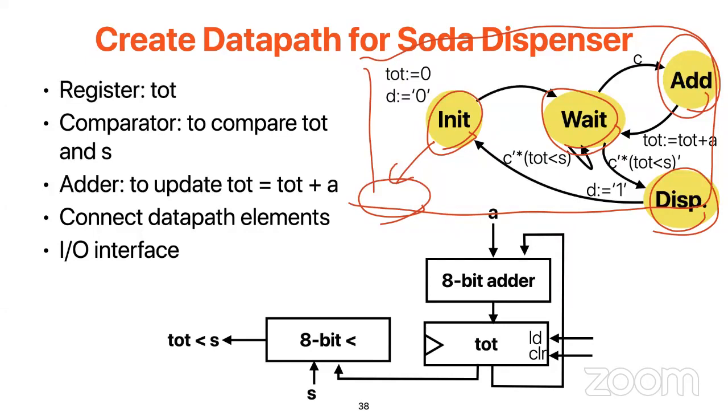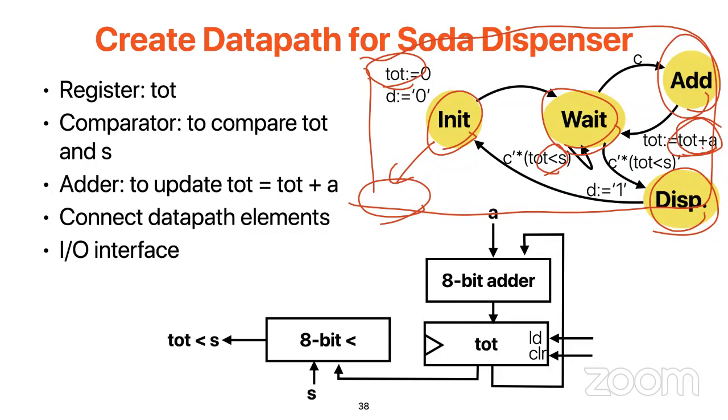However, for the other components that I need here, for the total, I need an A-bit register to store the value. And here, I need an adder to perform the total plus A. And here, I need a comparator to see if total is currently smaller than S. So these are the data path components that we need for the soda dispenser.